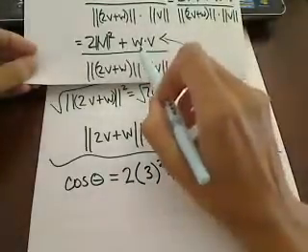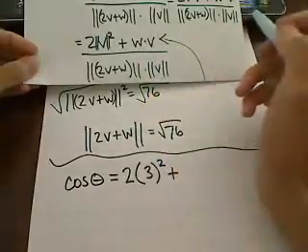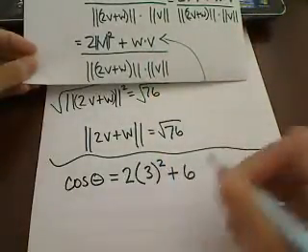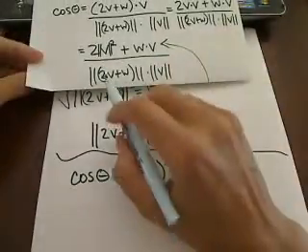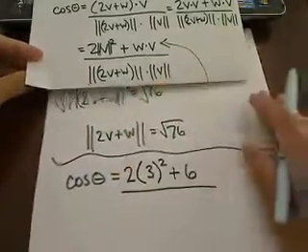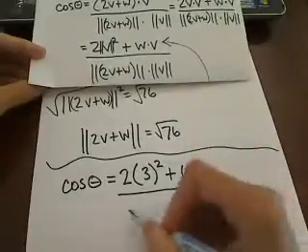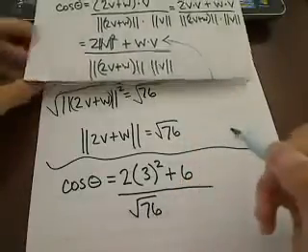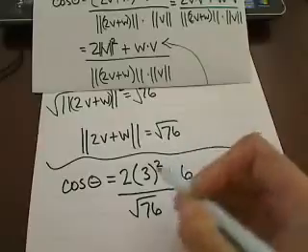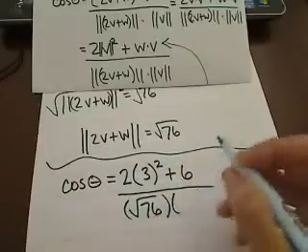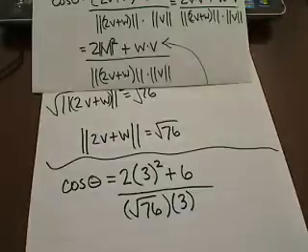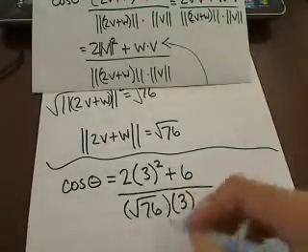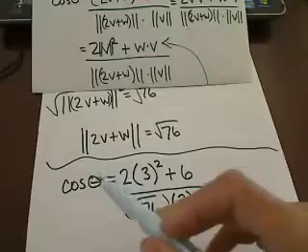We calculated the dot product of w and v to be 6, so we've got a 6. And then in the bottom here, the magnitude of the 2v plus w, we just calculated that to be the square root of 76. And then we have that times the magnitude of v, which is given to us as 3.